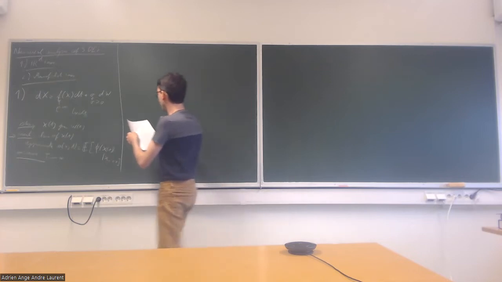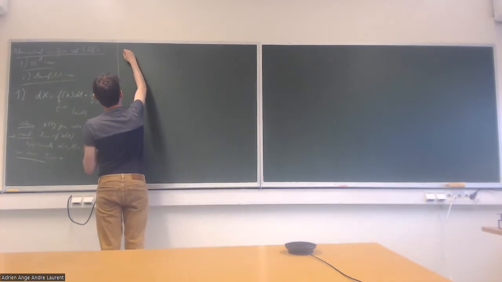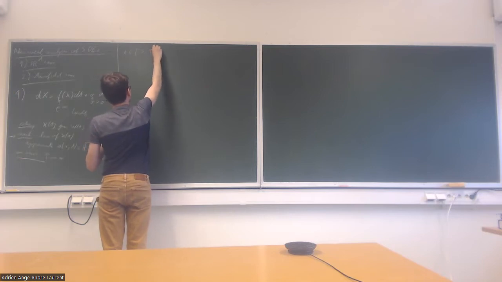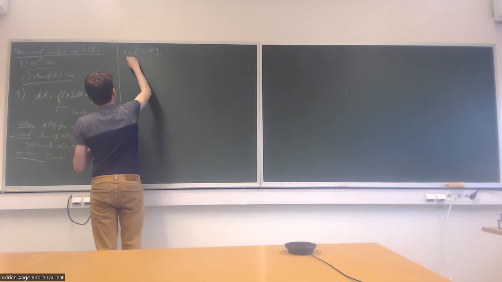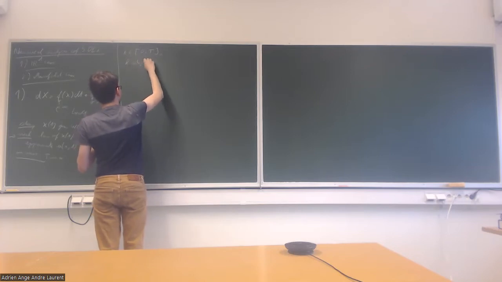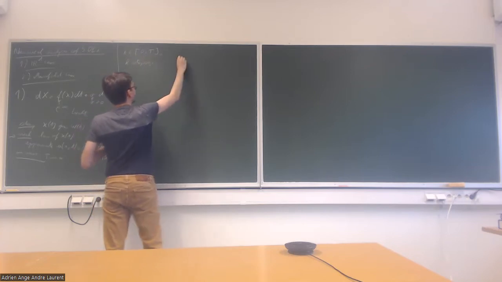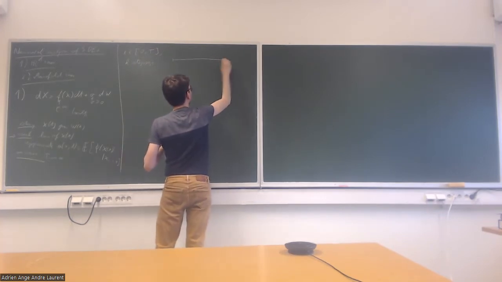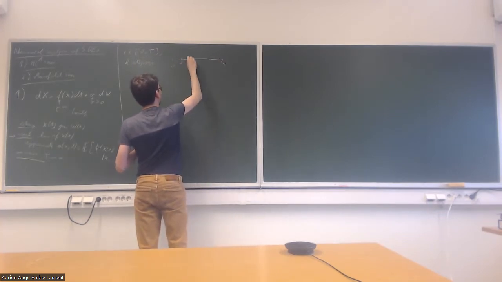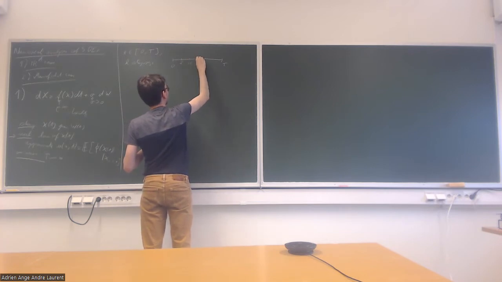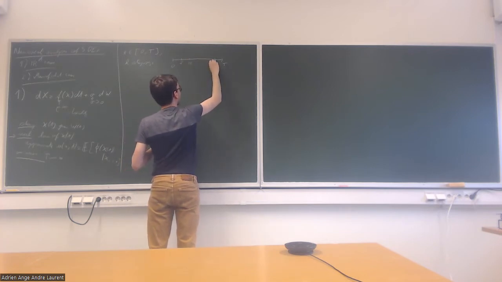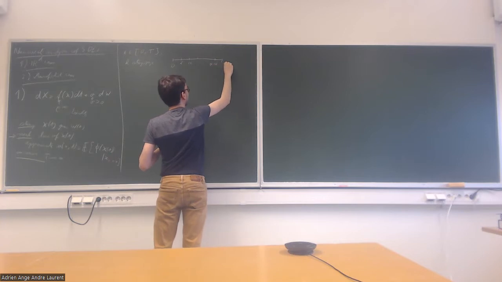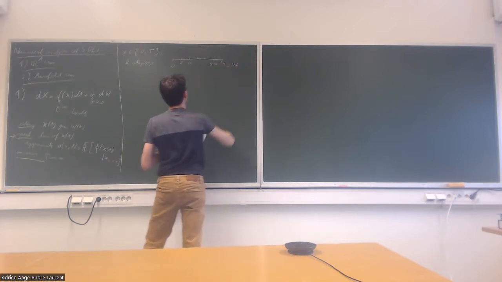Okay. So just to fix the notation, we take t in [0, T]. We fix a step size and decompose the interval with t_0 = 0, then h, up to (n minus 1)h, and T is equal to n h.